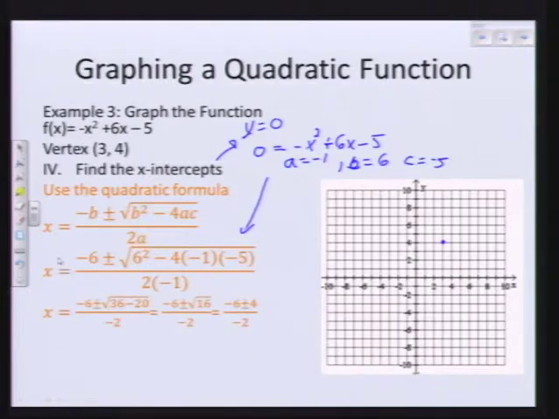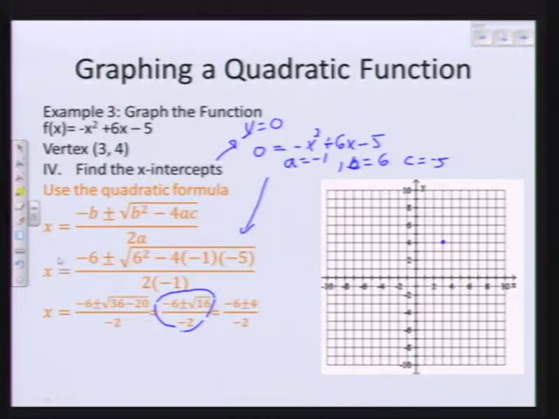Solving this and simplifying underneath the radical, we get 36 minus 20. And out in front we have minus 6 plus or minus the square root of 36 minus 20, and all that divided by -2. Simplifying, we get -6 plus or minus the square root of 16, divided by -2. The square root of 16 is a perfect square, so that comes out to be 4.